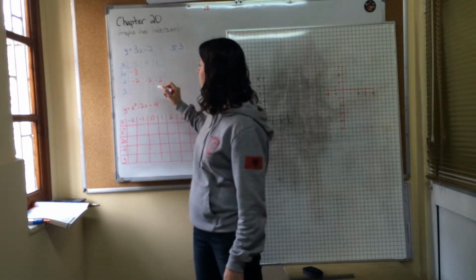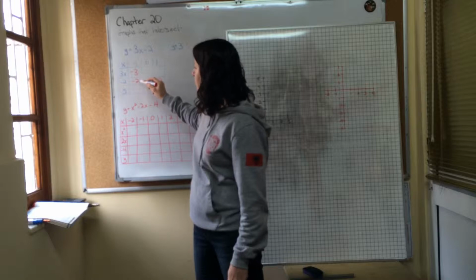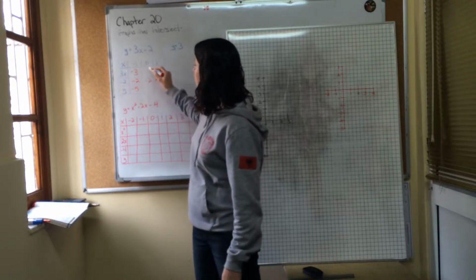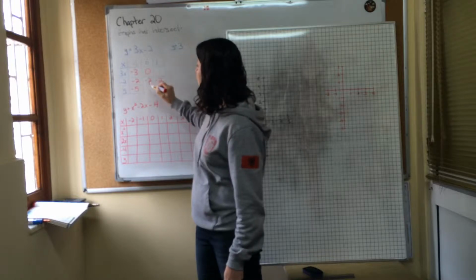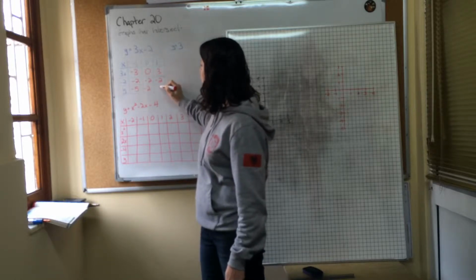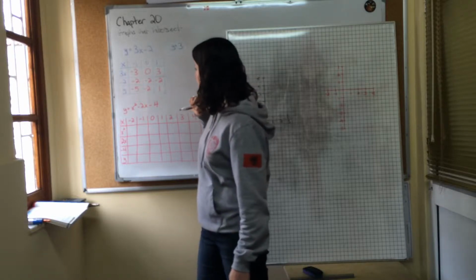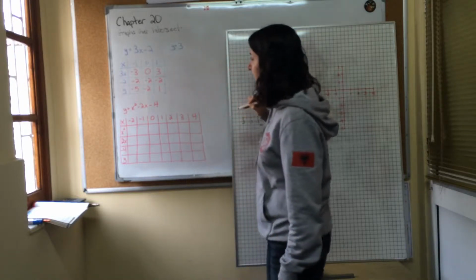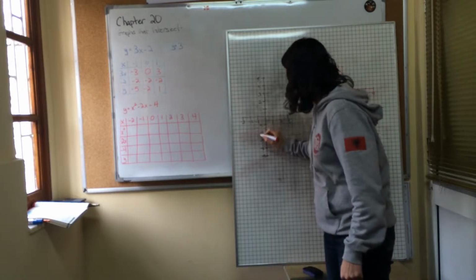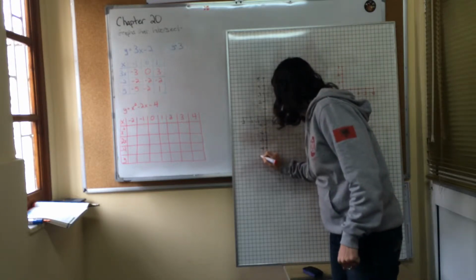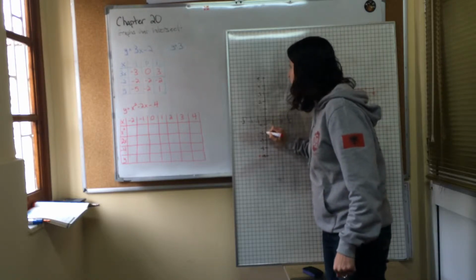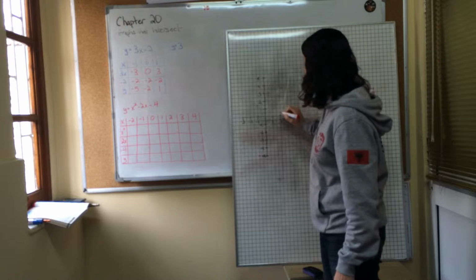That's an easy thing to fill in. -3 minus 2 gives me -5. 0 times 3 is 0, minus 2 is -2. 1 times 3 is 3, minus 2 is 1. So the coordinates we're looking at here are going to be -1, -5, 0, -2, and 1, 1.